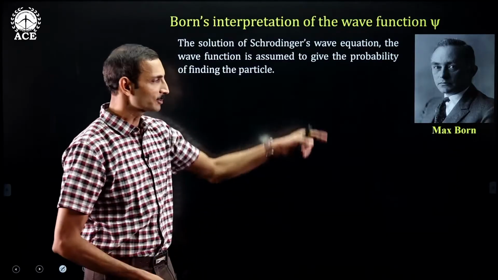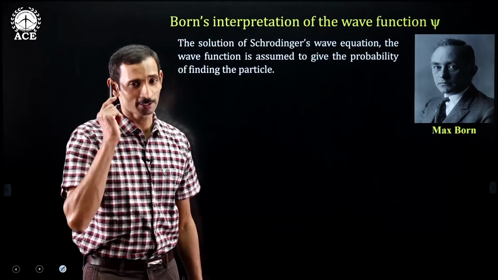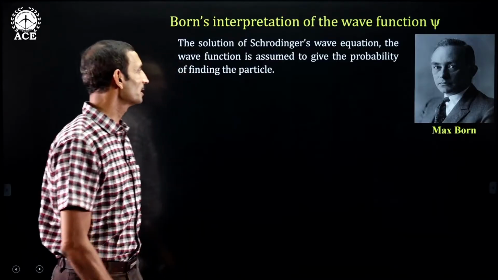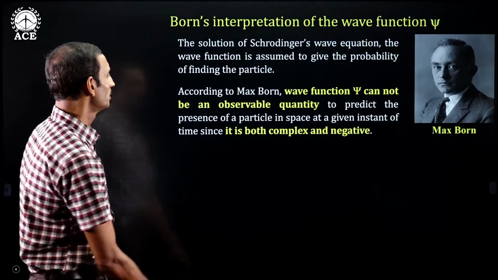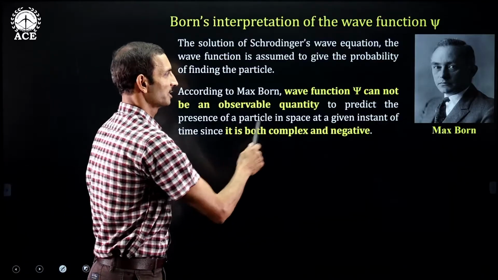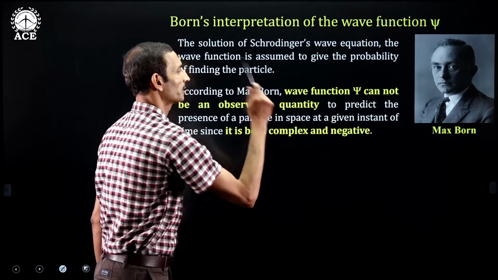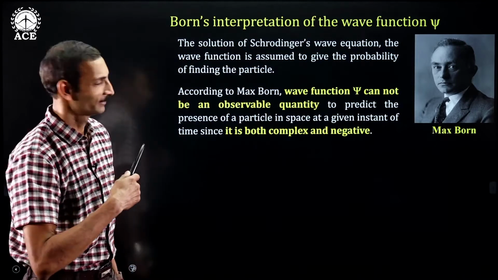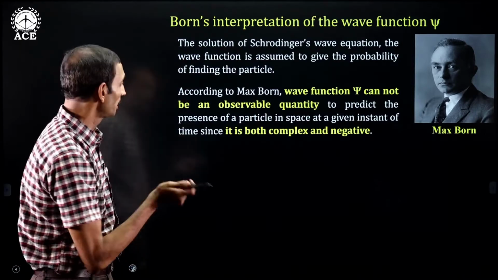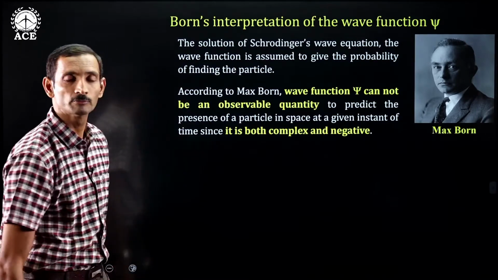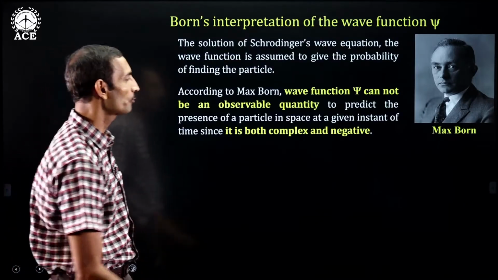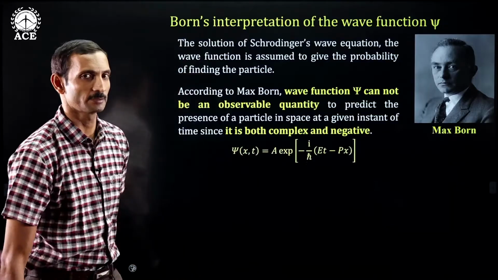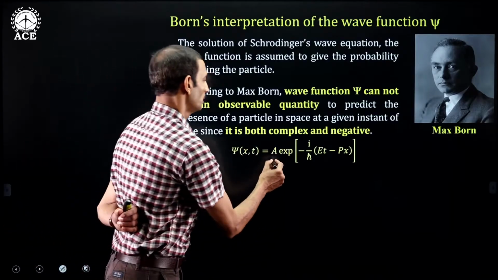But what Max Born thought is something different, because he suggested psi cannot be an observable quantity to predict the particle's presence in space. It cannot be an observable quantity, because it is both complex and negative. Why is it complex, why is it negative? How do you write psi? This is how we write psi, right? So what is A here?